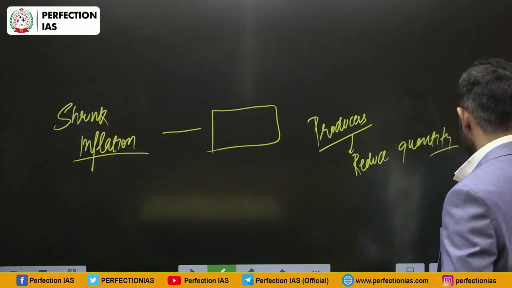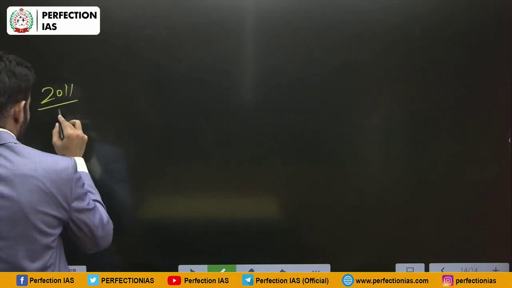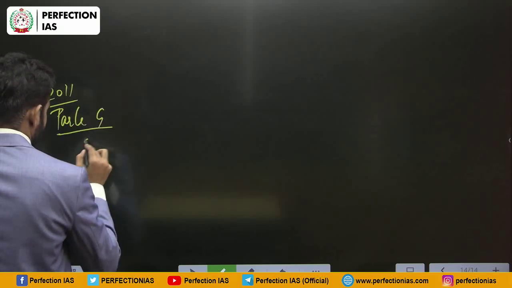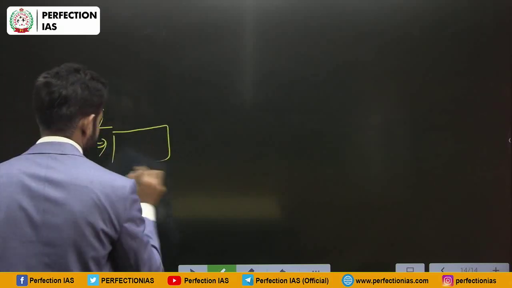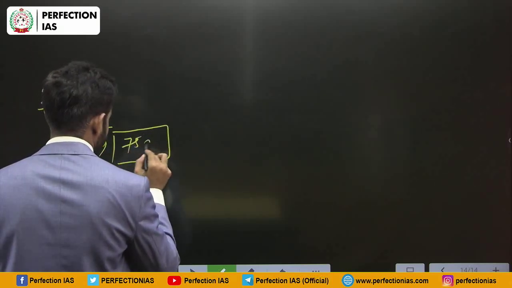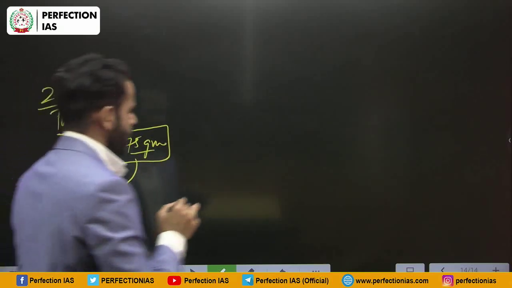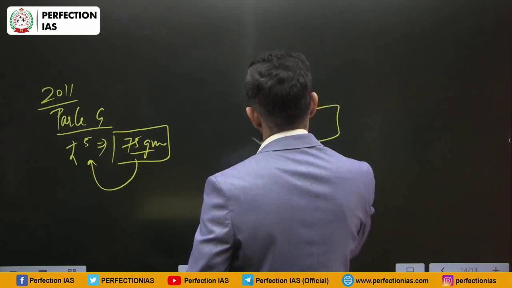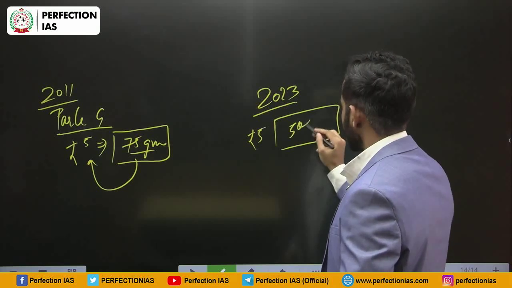Let's consider one example. Again it is hypothetical: suppose in 2011 the price of a Parle-G biscuit was 5 rupees, and at that point of time the company was providing a 75 gram biscuit packet for 5 rupees. Now in 2023 the price is still 5, but now the company is only providing 50 grams.